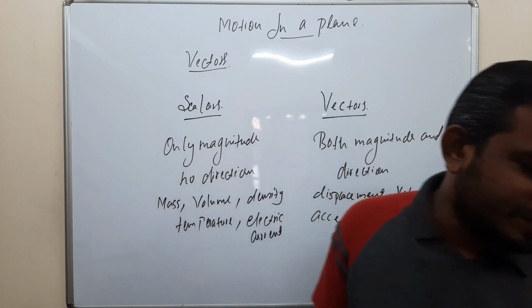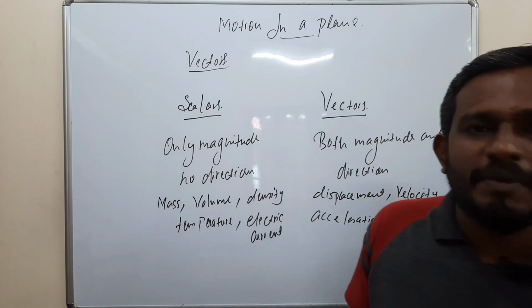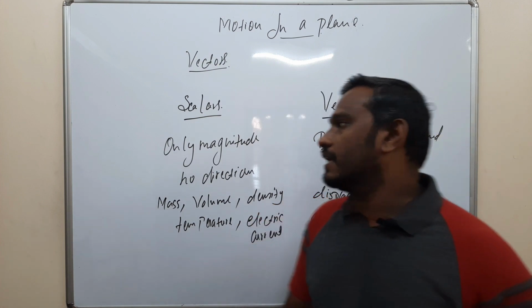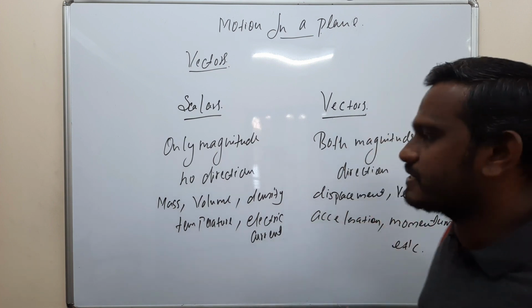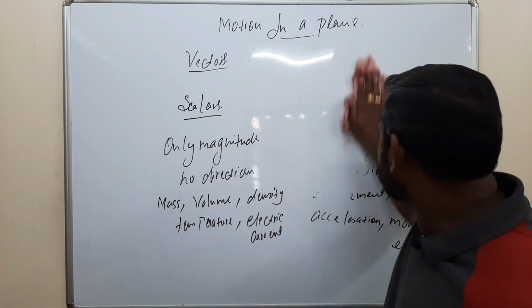Scalar quantities are those which have only magnitude and no direction, and the quantities which have both magnitude as well as direction are called vector quantities.